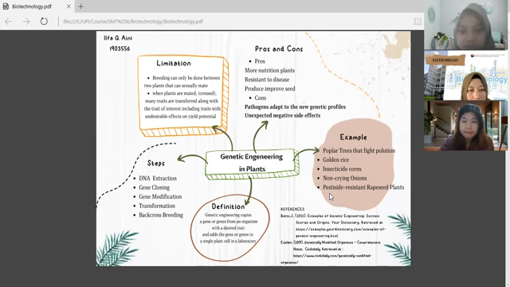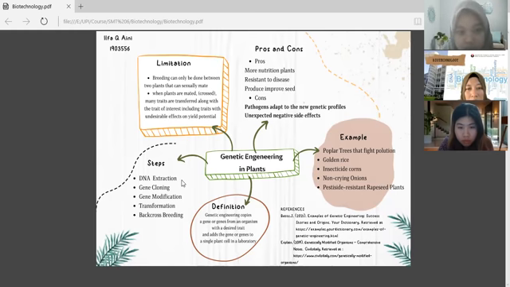So for the steps of the process of genetic engineering in plants, the first is DNA extraction. This process is accomplished by taking a sample of bacteria containing the gene of interest and taking it through a series of steps that separate the DNA from the other parts of the cell.